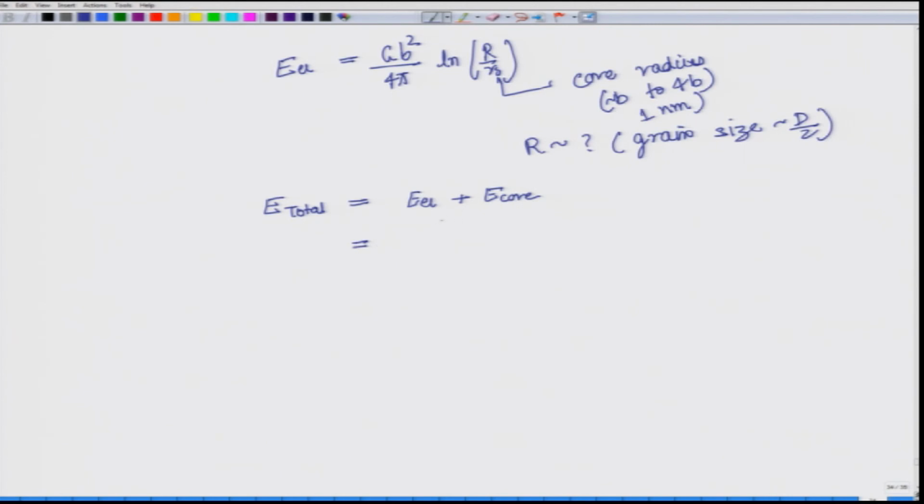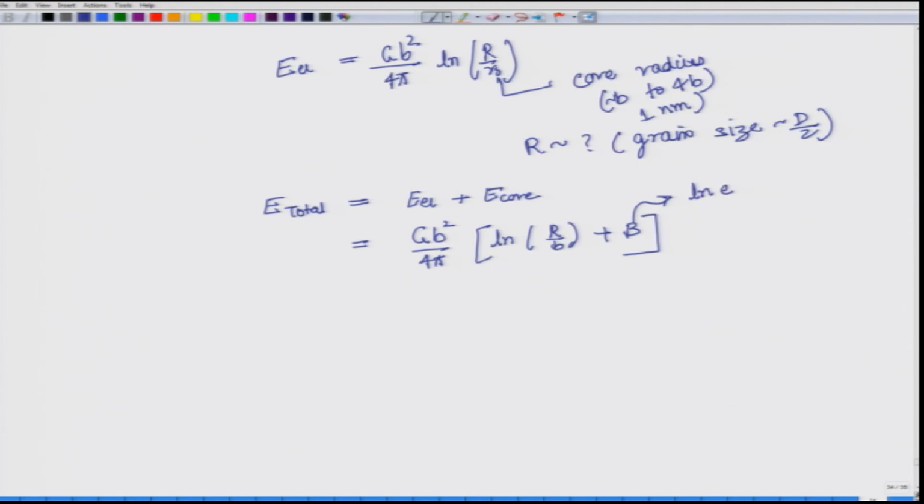So, what we can do is we can simply use some unknown parameter B. So, now here B, or basically G b square by 4 pi times B, represents the energy of the core, and this B itself, people have said that it is approximately of the order of ln e.